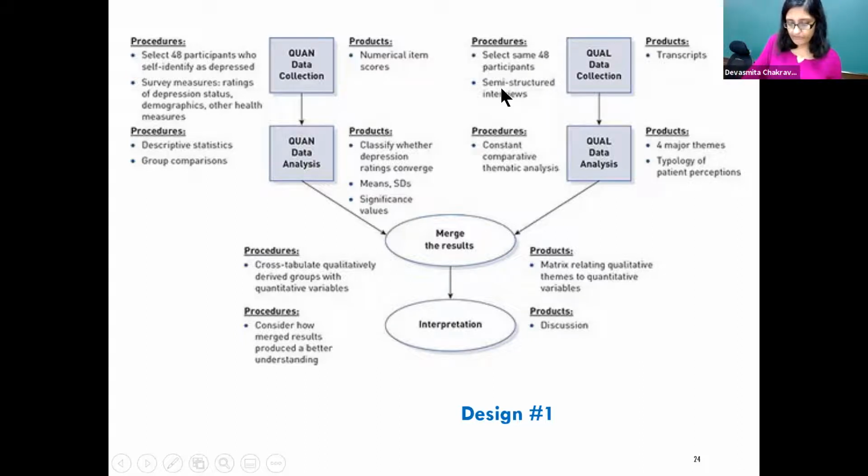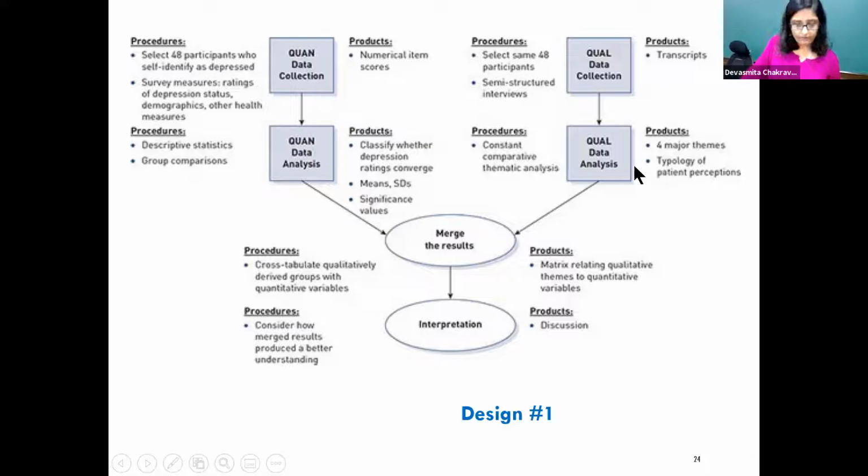So you select the same 48 participants and you did semi-structured interviews with them, the same people. What you got as a product are transcripts. You analyze the data using a constant comparative thematic analysis, and what you found was 4 major themes.